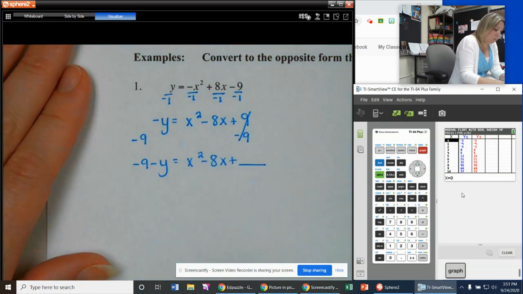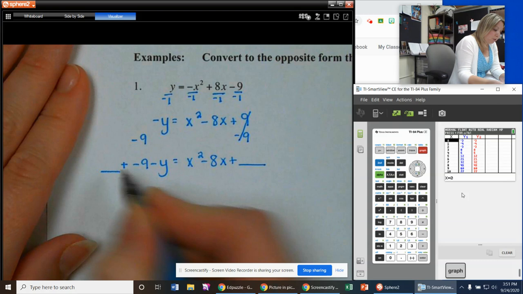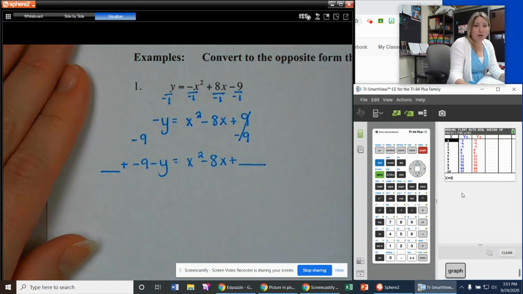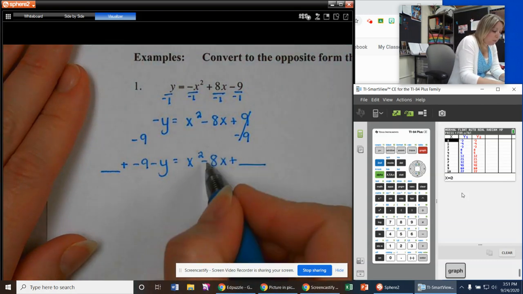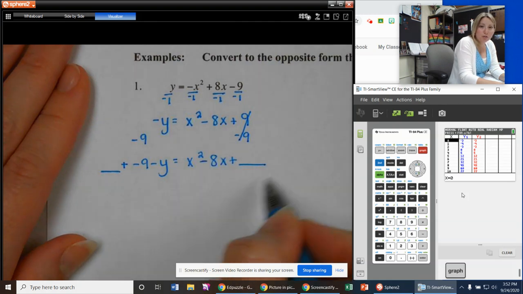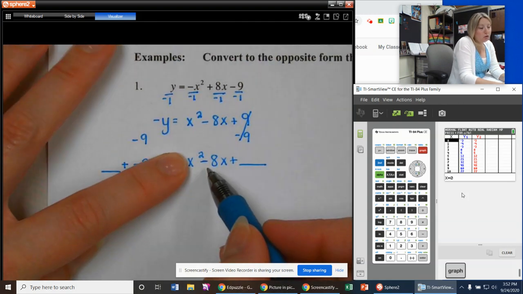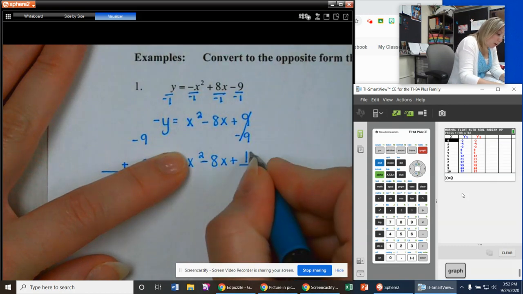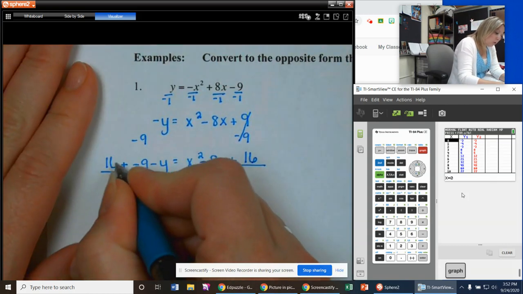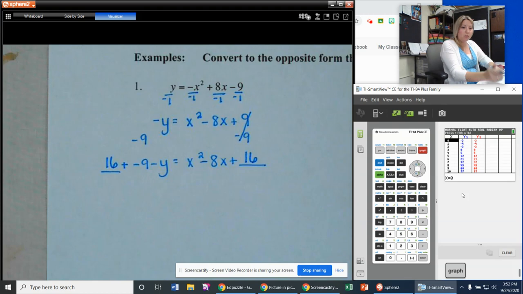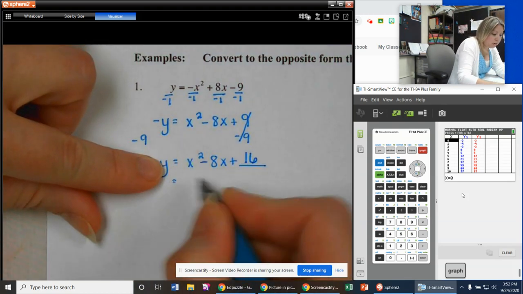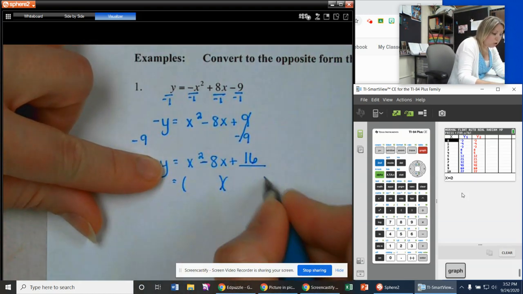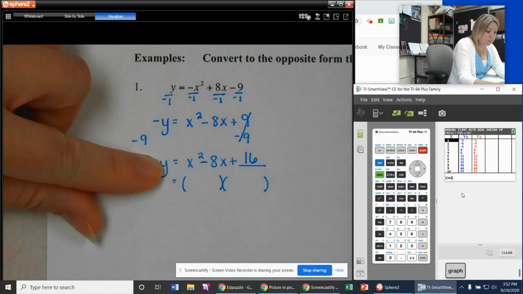This is the actual completing the square. If you put a plus blank on one side of the equal sign, you have to put it on the other. So the actual completing the square part is creating a perfect square trinomial here. 8 divided by 2 is 4. 4 squared is 16. This is always plus, so it's always positive, whatever that value is. Now, the benefit here is that this factors to become two binomials that are exactly the same.